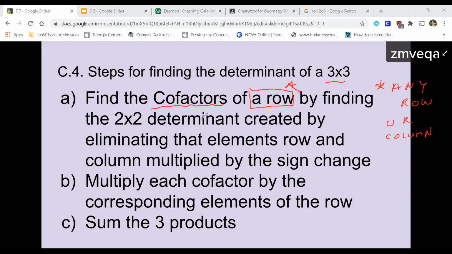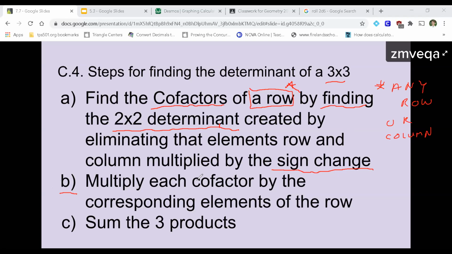How do you find the cofactor? To find the cofactor, you find the 2x2 determinants that are created by eliminating that element's row and column. And then you will multiply that number by the sign change from that chart we just copied down. If you have accomplished step A, the rest of this is easy.